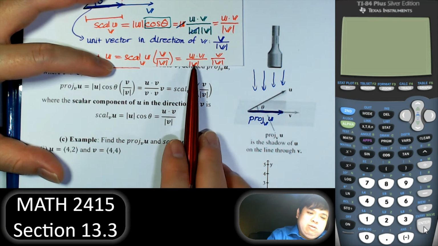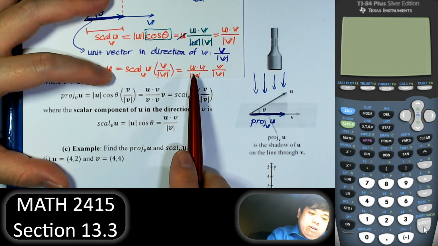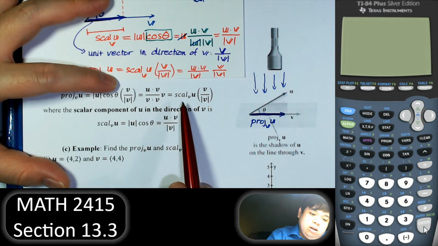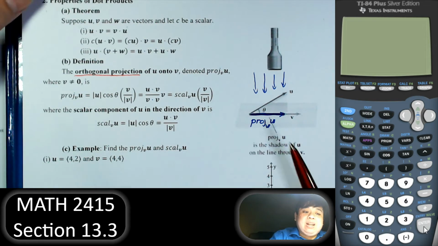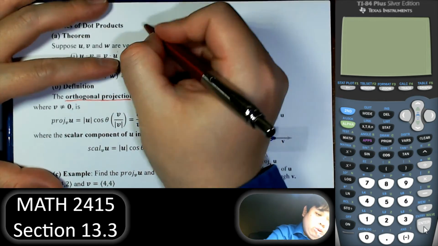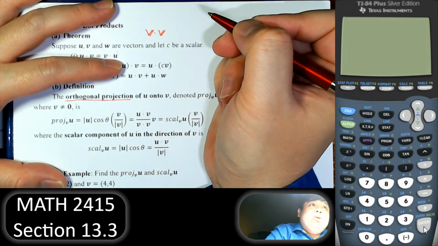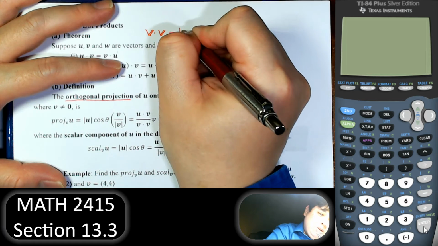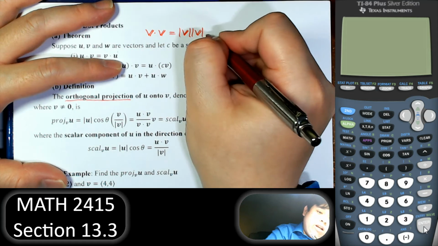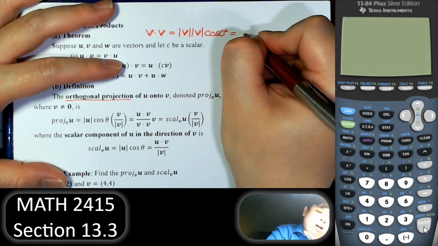So then you say, why do we have the dot product of v at the bottom? Well, that's easy. The magnitude of v times the magnitude of v is equal to v dot v. By the definition, v dot v equals the magnitude of v times the magnitude of v times cosine of the angle between v and v. The angle between v and v is 0 degrees, and cosine of 0 is 1.